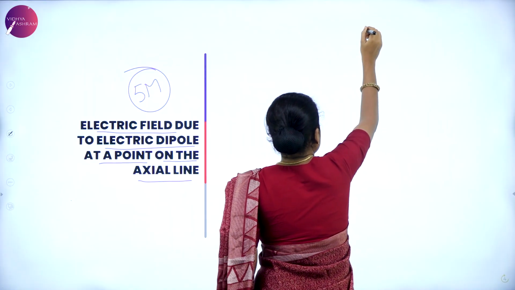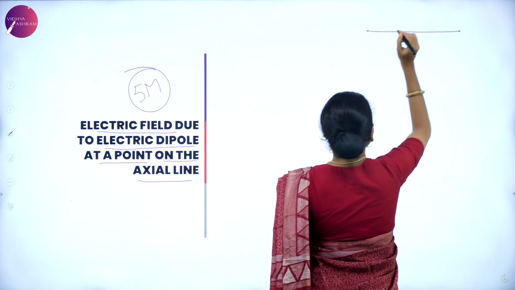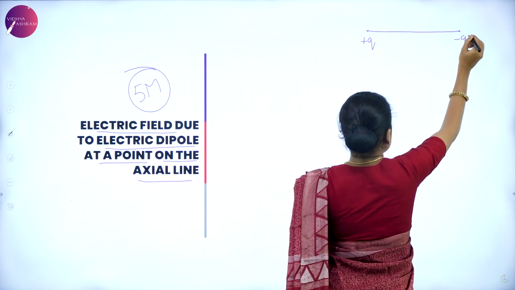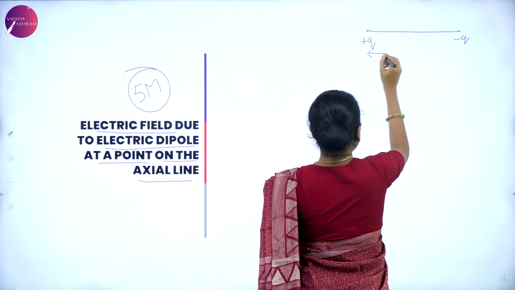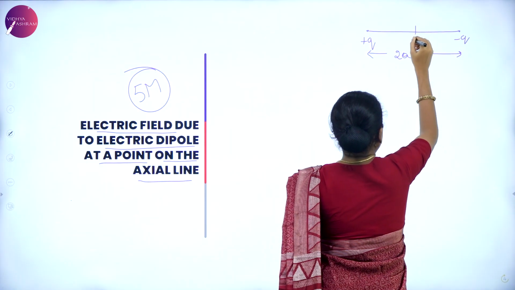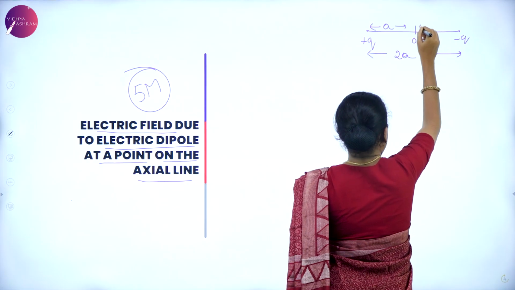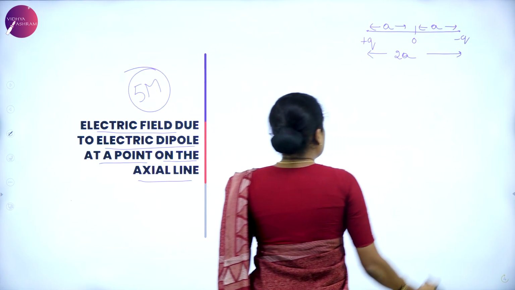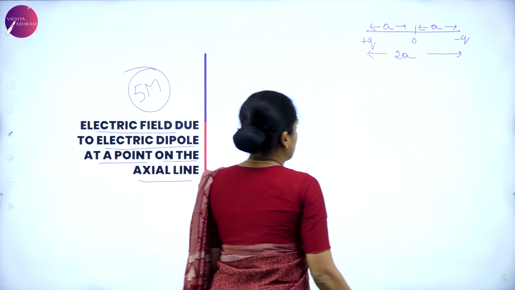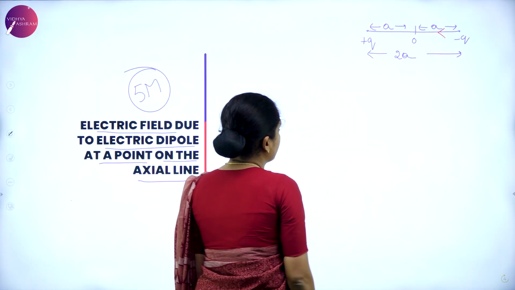To derive an expression for electric field, let us consider a dipole, that is plus Q and minus Q charges separated by distance 2a. From the midpoint, the charges are separated by distance a, and the direction of this electric dipole moment is from negative charge to positive charge.